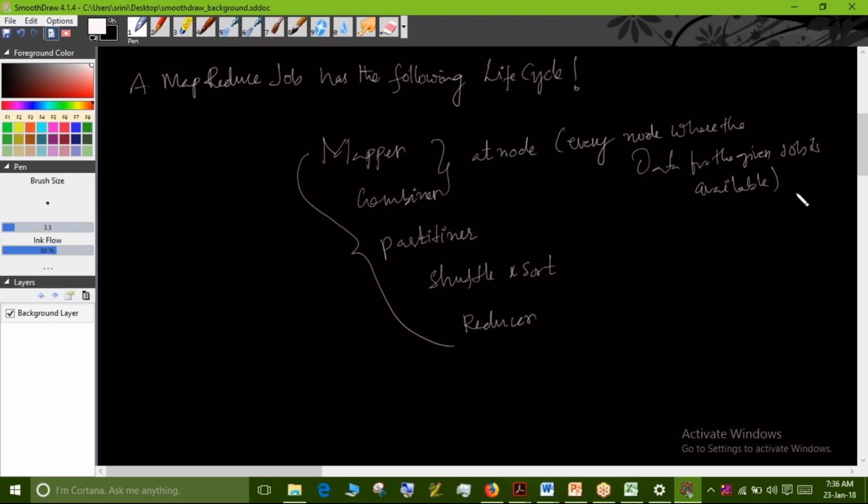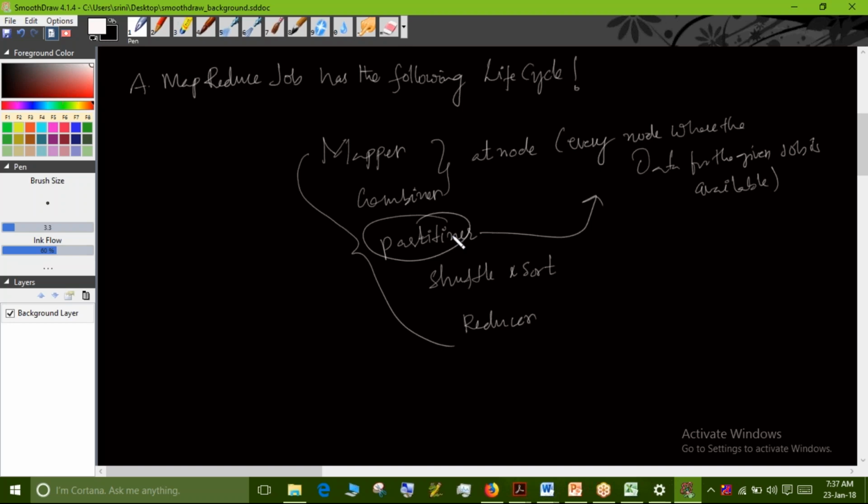Then we have a partitioner. This partitioner also runs on every node, but its job is only to decide. There is no processing activity involved during partitioning. What the partitioner does is just decide which data should go to which node for further processing.